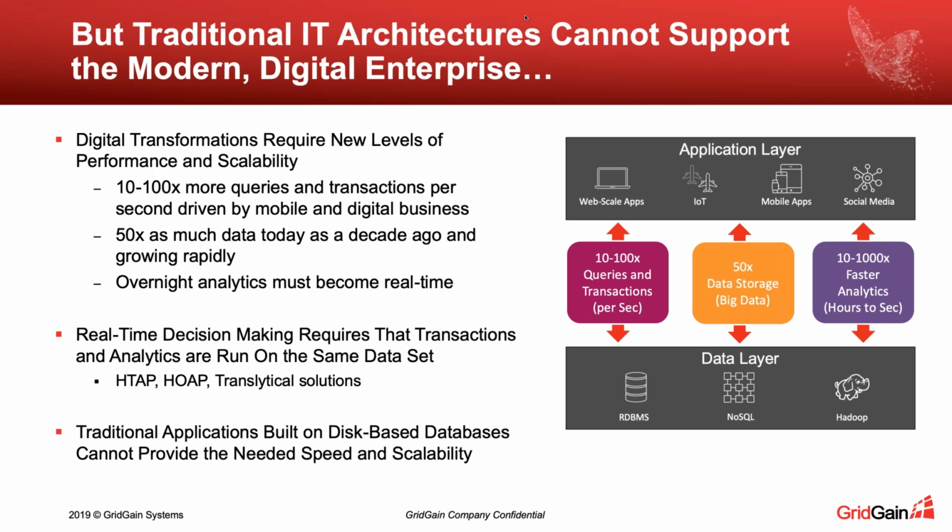First of all, 10 or 100 times more queries, transactions, and operations have to be processed. And those operations, as in my previous example, can be driven by devices: mobile phones, tablets, laptops that are connected to the internet.